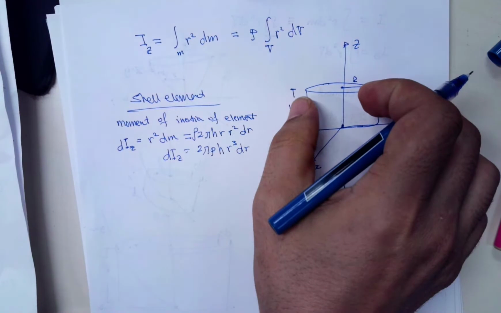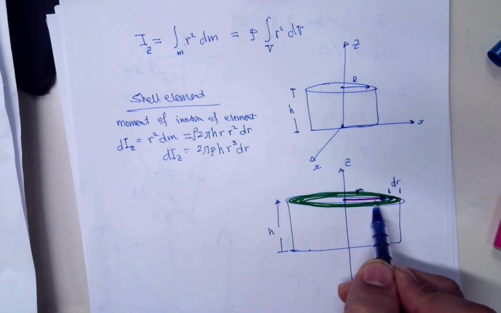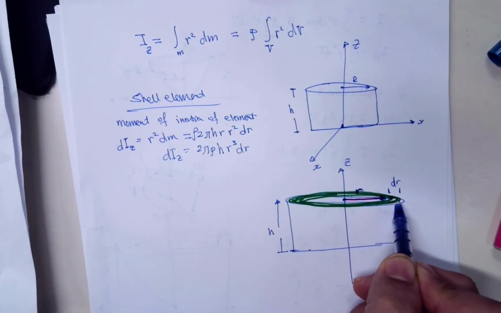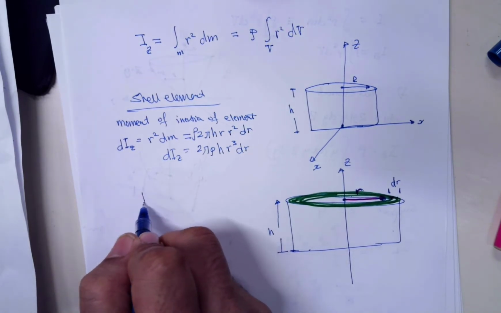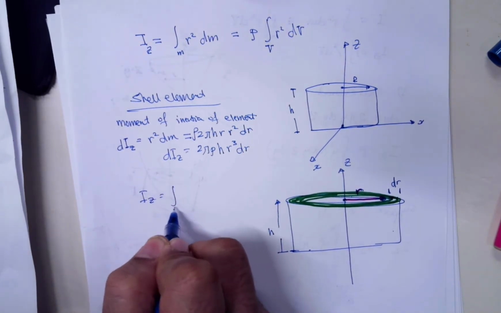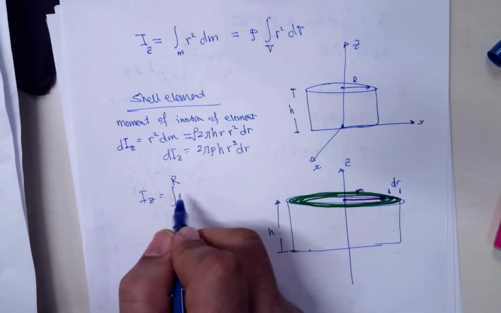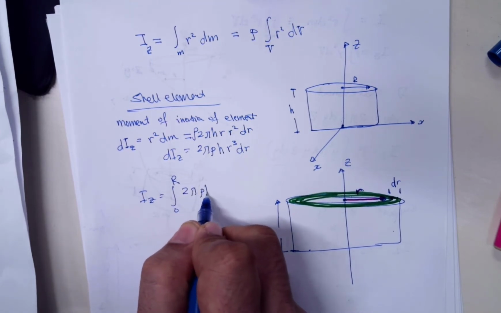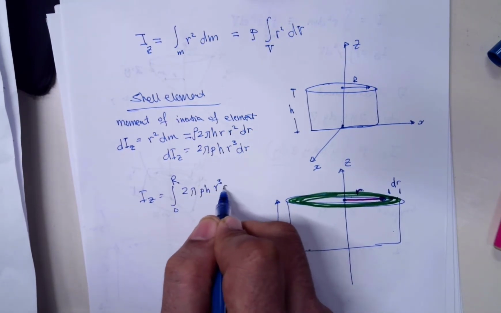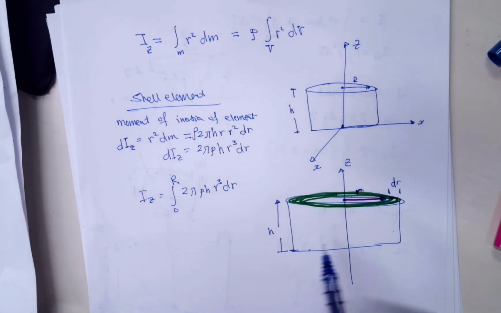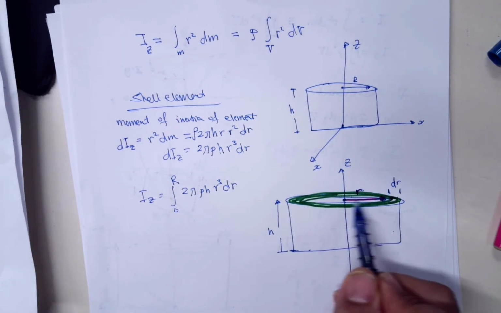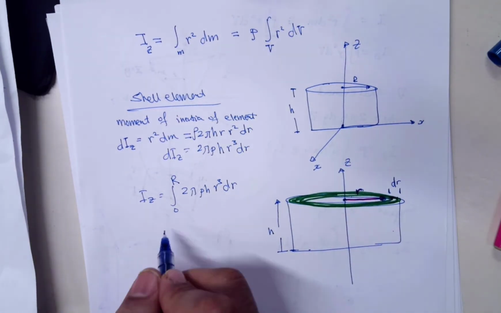Now to do the entire volume, then I have to go from 0 to r. So Iz equals the integral from 0 to r of 2 pi rho h r cubed dr. The reason why is to cover this inside area.